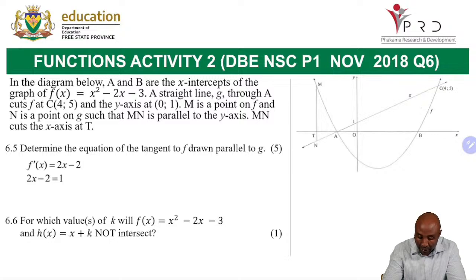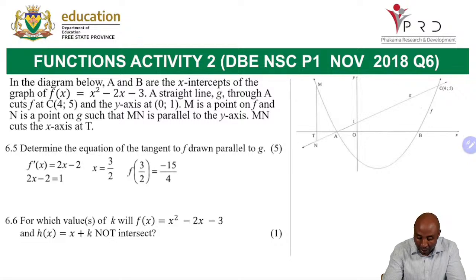After finding the first derivative, it gives us the gradient function. The gradient at that point should be equal to 1 because the gradient of the function g of x is 1. So we equate the first derivative to the gradient, and then we get our x value when the gradient is 1 as 3 over 2.